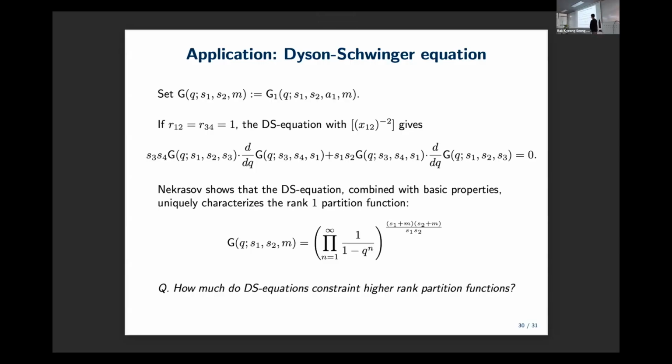You can ask how much the Dyson-Schwinger equations constrain the higher rank partition functions, which are much more mysterious. What I heard from Rak-Kyeong was that this doesn't really constrain enough to determine the partition function, but still I think there is some room to explore in this direction. So thank you very much for listening.